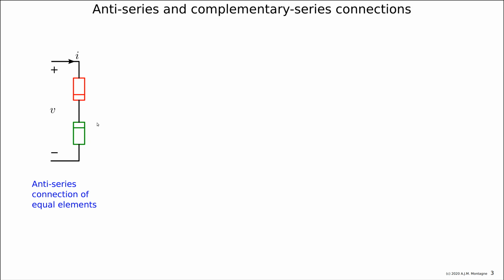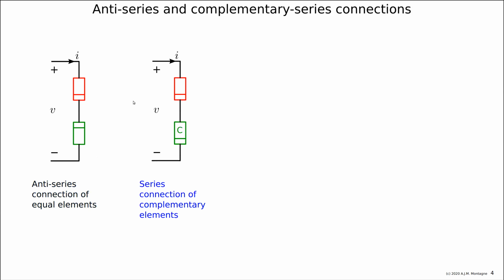So that is called an anti-series connection of equal elements. And now you see that we add the two voltages, but if you consider the nonlinearity, then both the current and the result are flipped in one element with respect to the other. So this is how we have implemented this balancing technique.